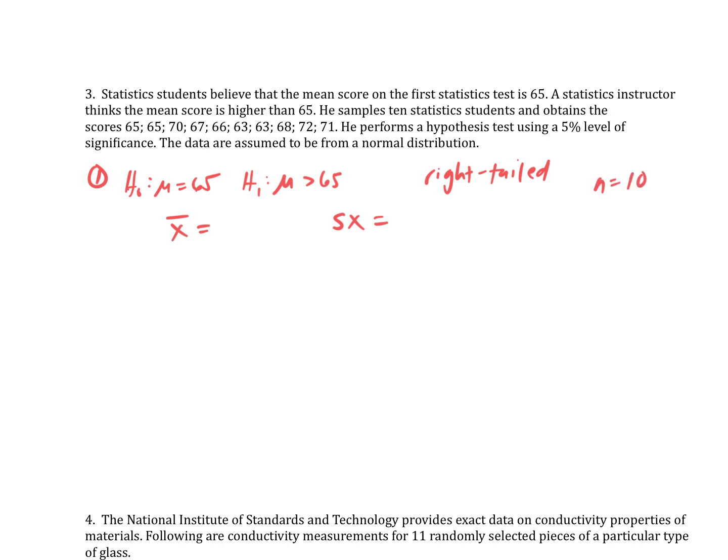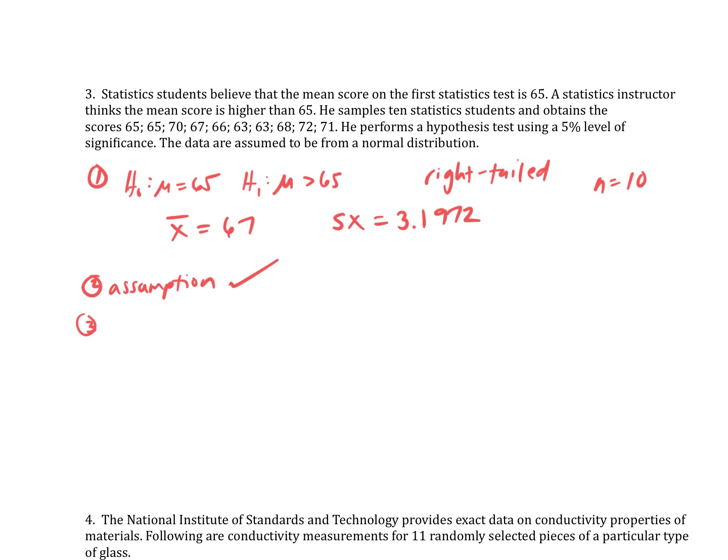So X bar, you should have gotten 67. SX, you should have gotten 3.1972. I didn't know how many decimals to go back to. So, are my assumptions good? Yeah. It said it came from a normal and it's a random sample.